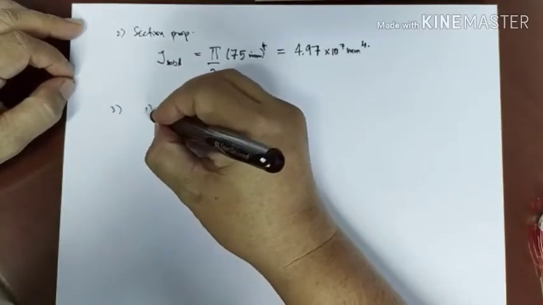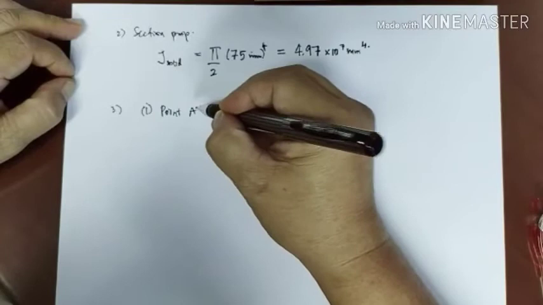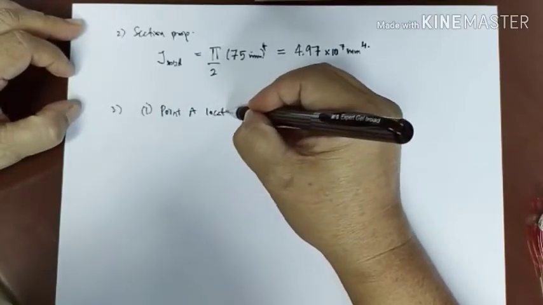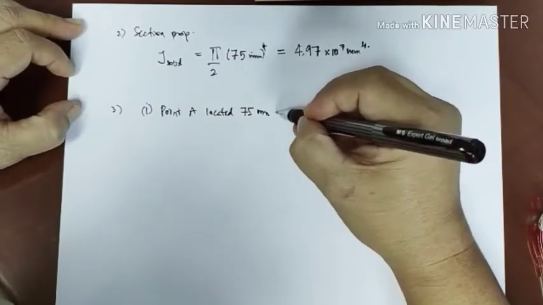The first part requires point A, which is located at 75 mm, the rho.